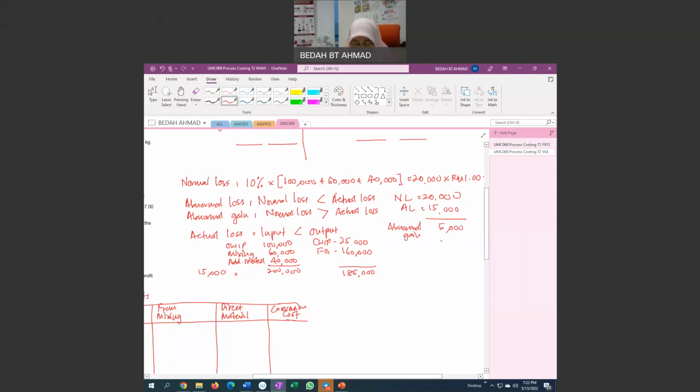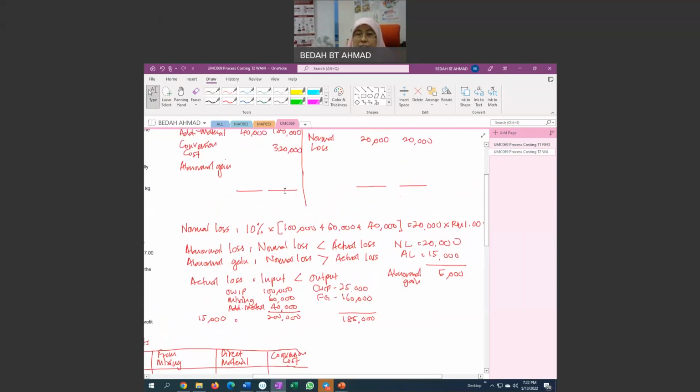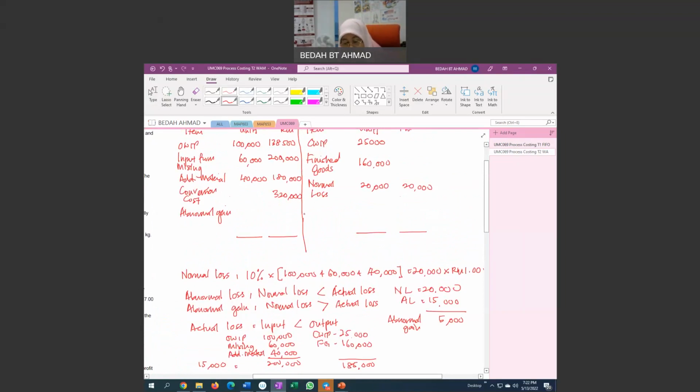So this abnormal gain of 5,000 will be on the credit side in the abnormal gain account, and it is on the debit side of the process account. Later, when we do more questions, we will prepare the abnormal gain, normal loss, as well as the abnormal loss account. Okay, so here we record the 5,000.